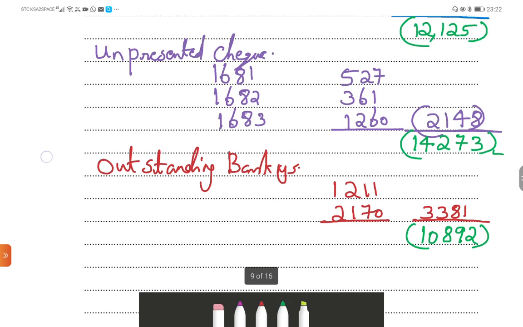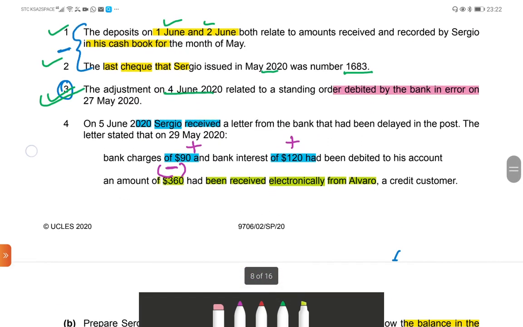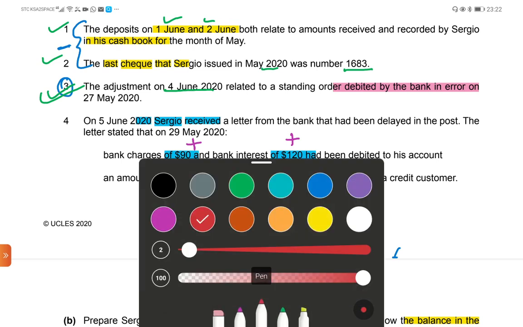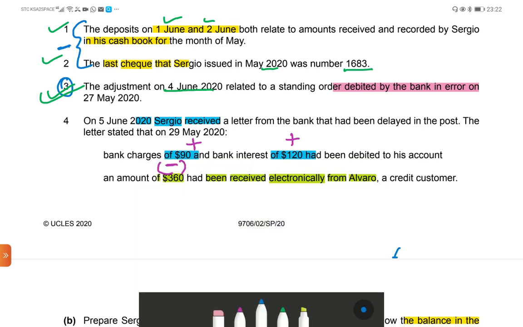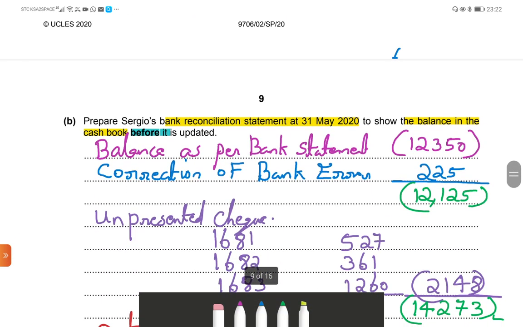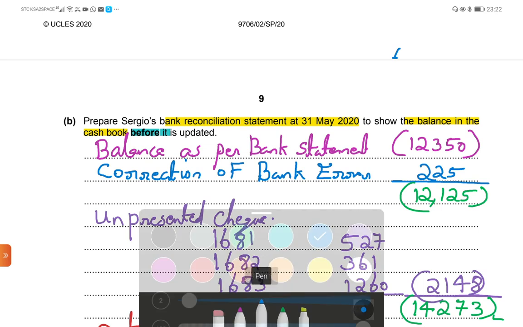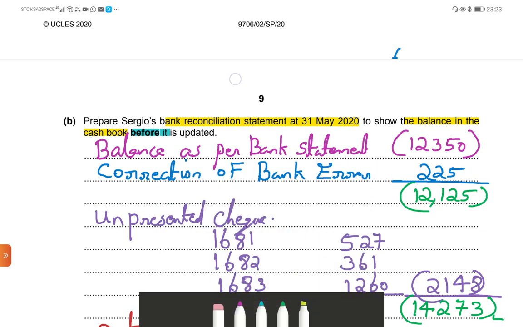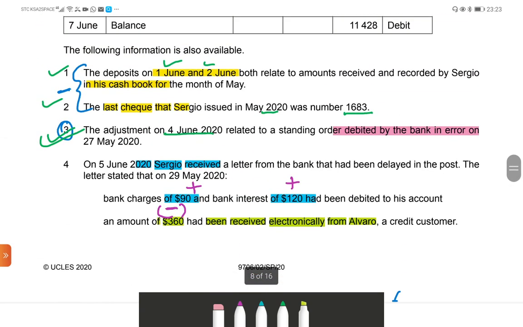Next we have the last adjustments. Here bank charges and bank interest we have to add it back because cash book doesn't know about this transaction.